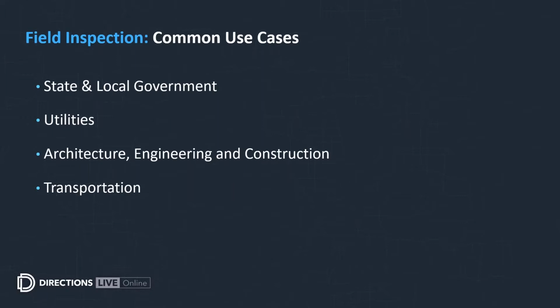For utilities, it might be the pipelines, the pipes, or the poles, the height of the poles and all that. So it can be many types of use cases, right?